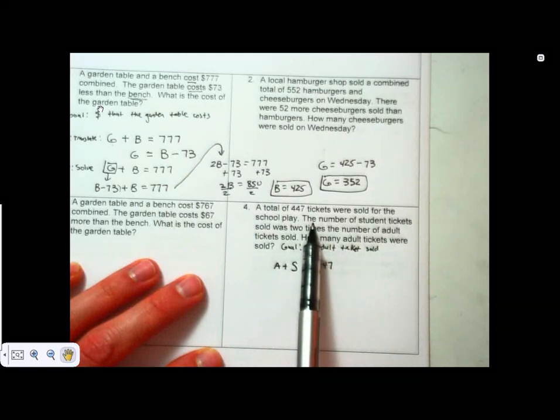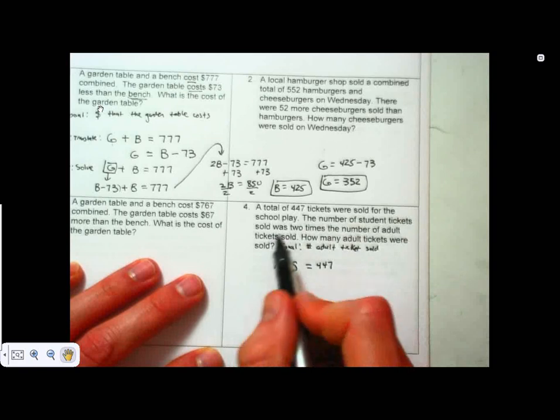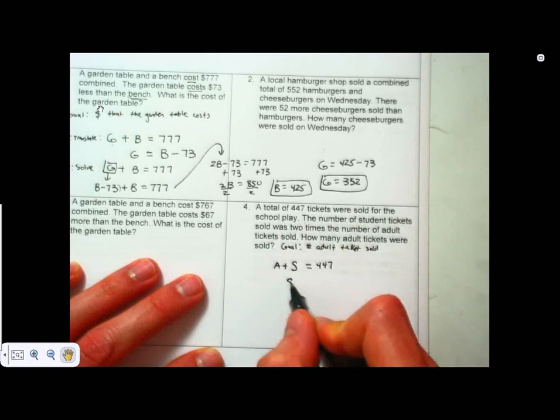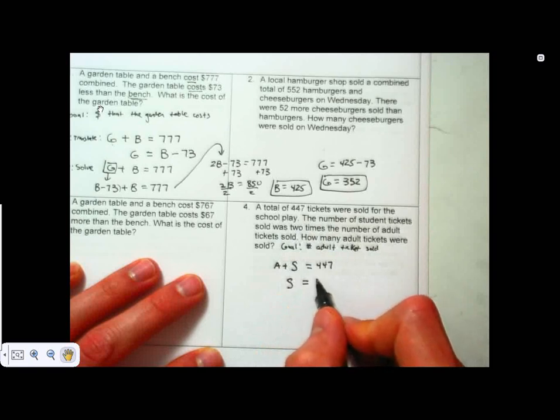The next sentence says the number of student tickets sold was. Remember, was is a keyword for equals. So the number of student tickets sold, that's S, equals 2 times the number of adult tickets. The way I'd write that is 2 times A.